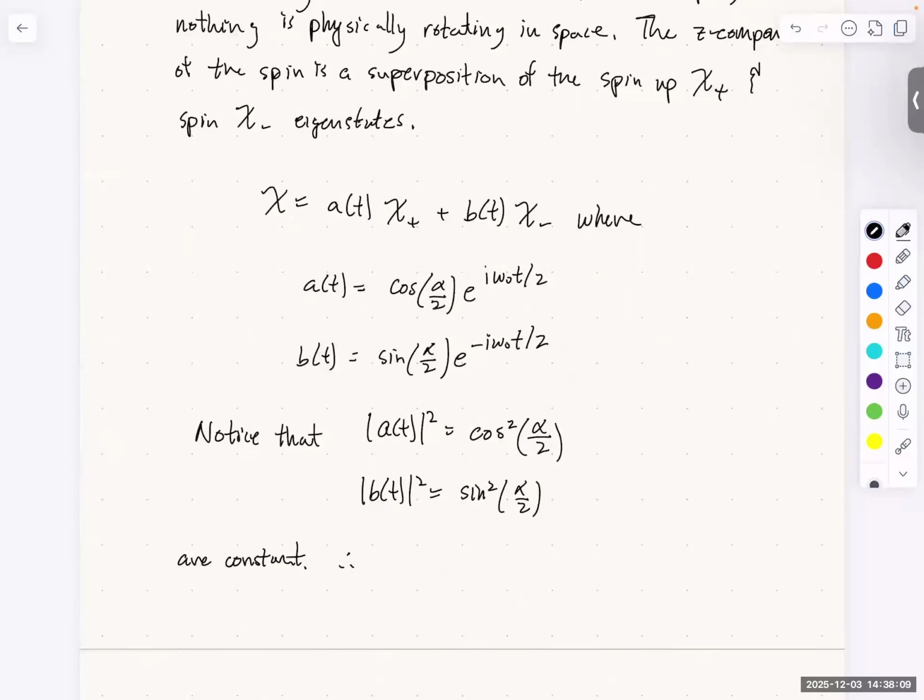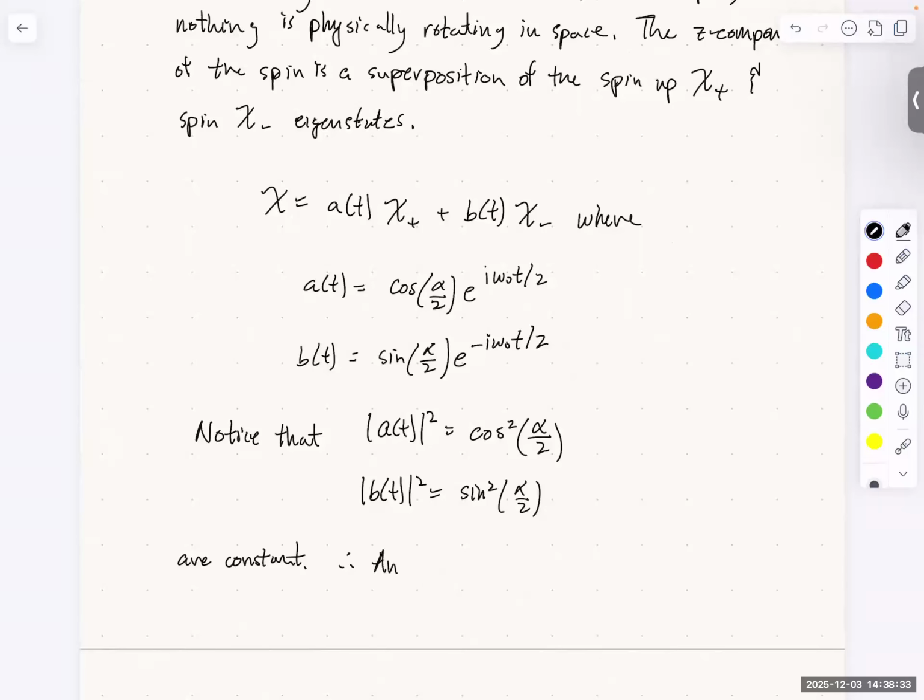So therefore, if you really could set this up where you had an isolated spin making some angle alpha with respect to an applied magnetic field, these squared amplitudes would just be constant. Our spin vector would just precess indefinitely with that same frequency omega naught.